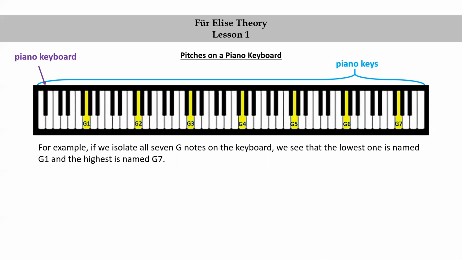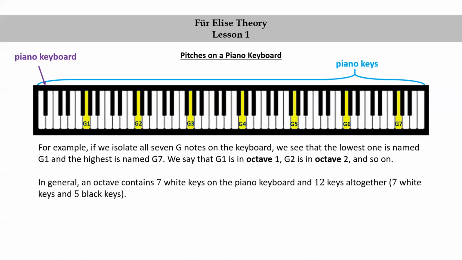For example, if we isolate all 7 G notes on the keyboard, we see that the lowest one is named G1 and the highest is named G7. We say that G1 is in octave 1, G2 is in octave 2, and so on.